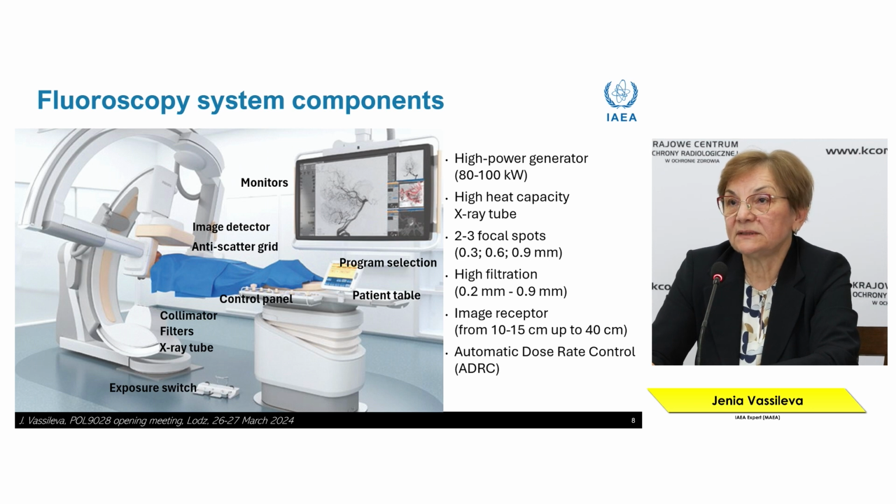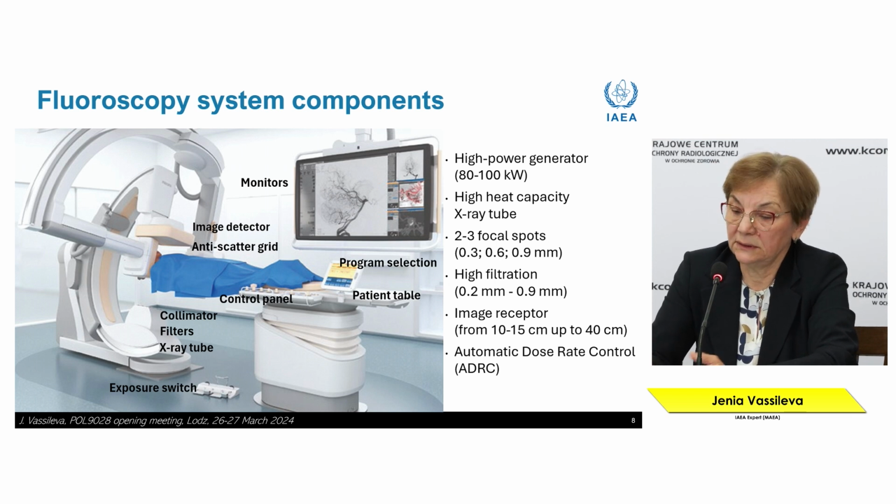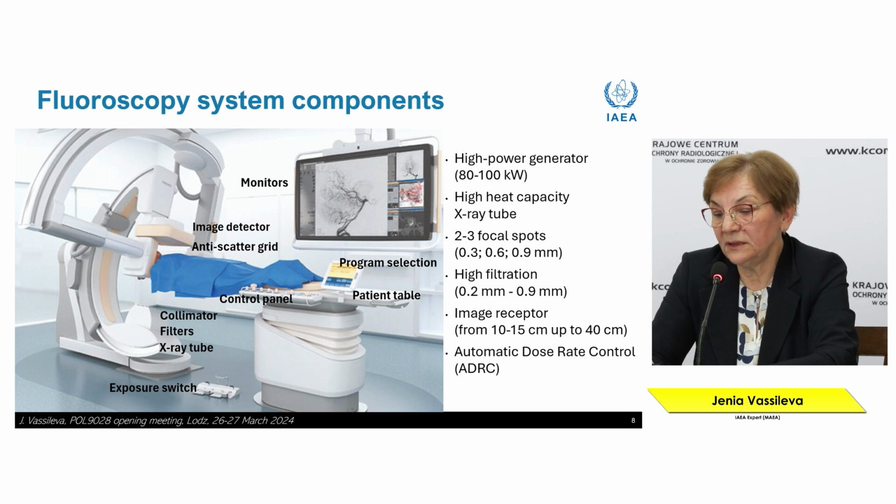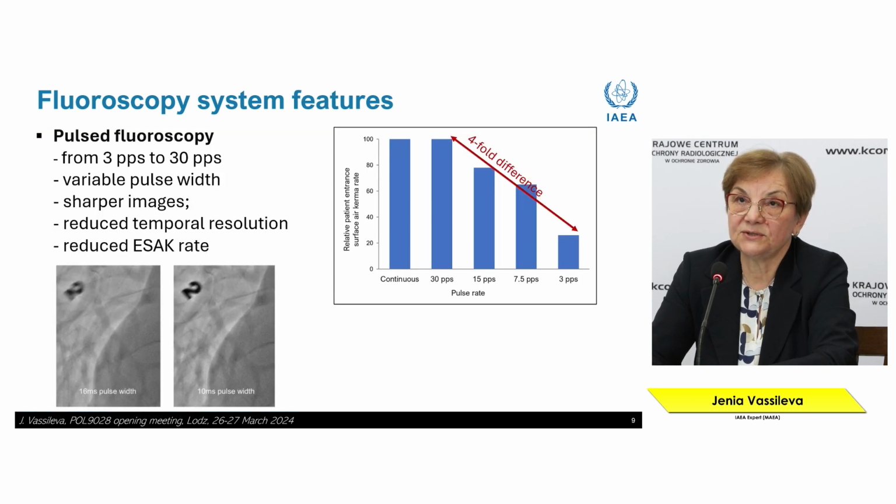Image receptors that also can be and should be selected depending on the clinical task for which the angiography or the C-arm will be used. And for the modern fluoroscopy system, automatic dose rate control is also very, very important as a function.